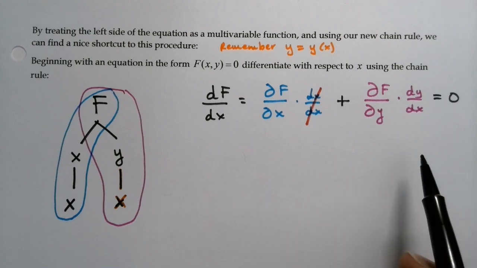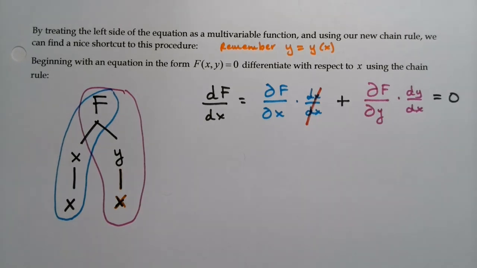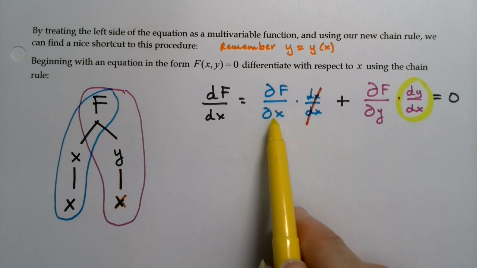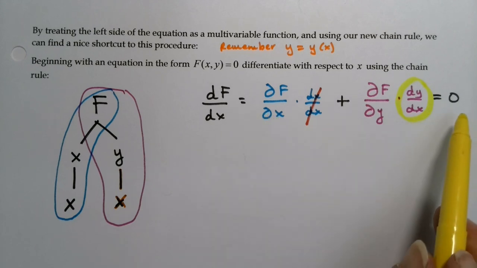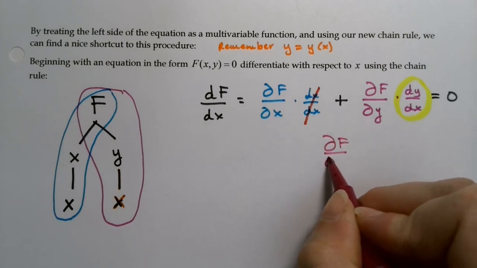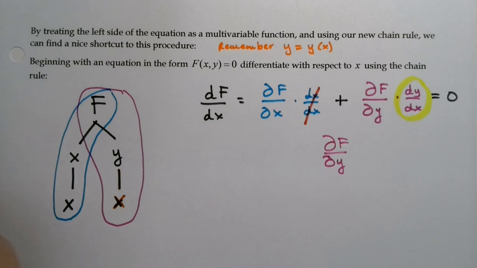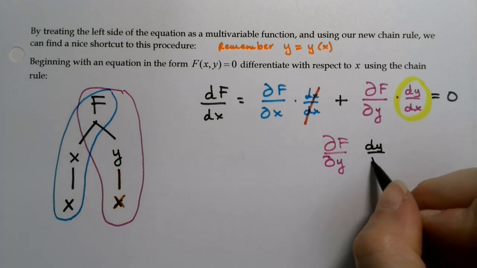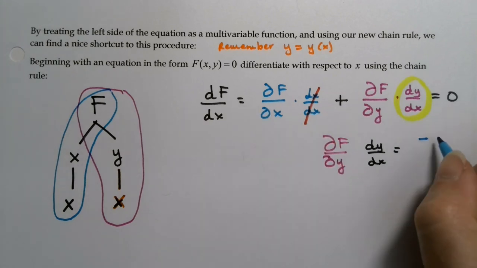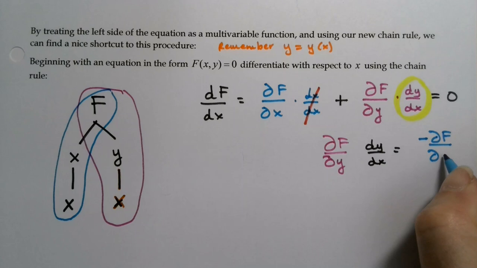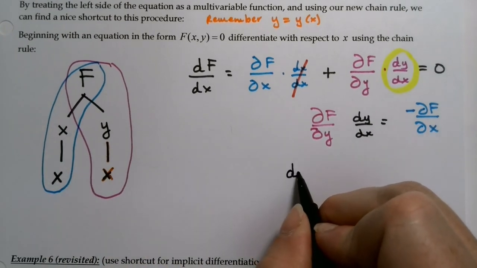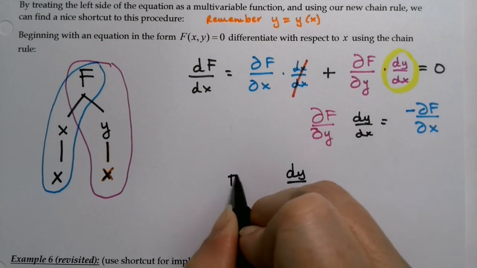Well, how does this help us? If I'm trying to find dy dx, if that's my goal, like it was on the previous page, then couldn't I subtract this piece over to the other side and say, hey, the partial derivative of f with respect to y times dy dx, that's what I'm looking for, equals the negative partial derivative of f with respect to x, because I'm going to subtract this. And therefore, dy dx, this is a formula.